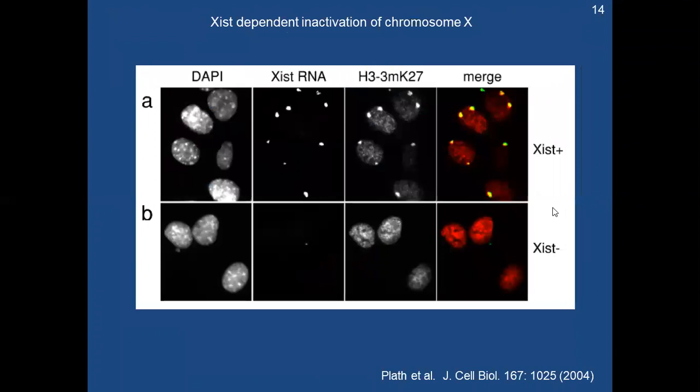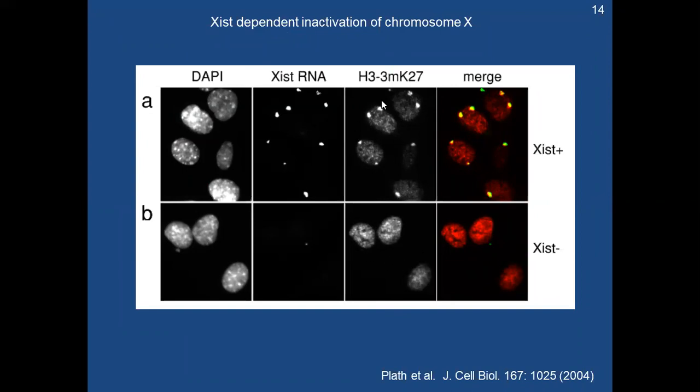Then they said, okay, well, transcriptional repression is an epigenetic thing. So let's see if this is indeed the case. What we are doing here is staining several cells, and these are their nuclei, with DAPI, or Xist RNA specific probes, and those are these dots here, and then H3 lysine 27 trimethylation probes, and that's how this image is generated.